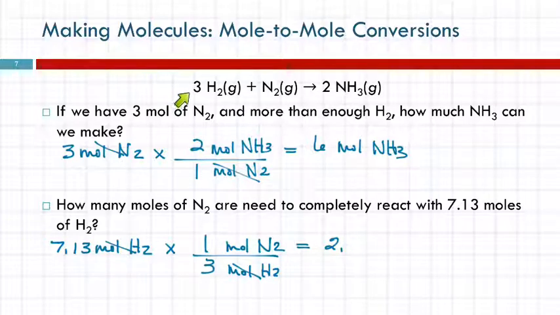I got the 3 from here. 3 moles of hydrogen react with 1 mole of nitrogen. Just like 1 cup of flour is needed for every 2 eggs. My calculator is showing me this.